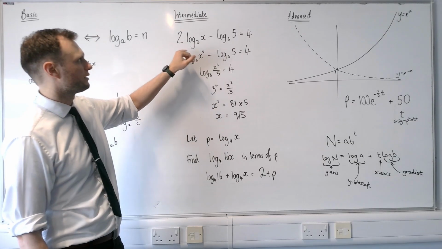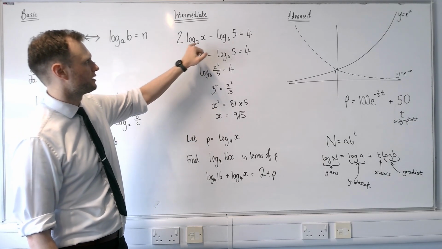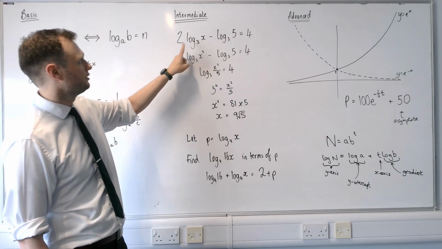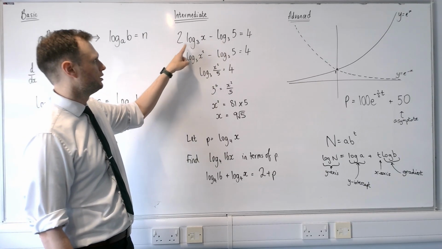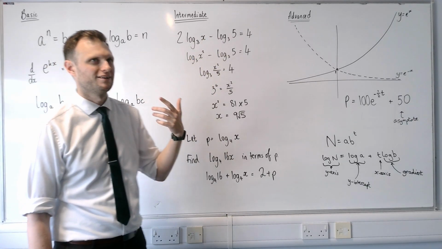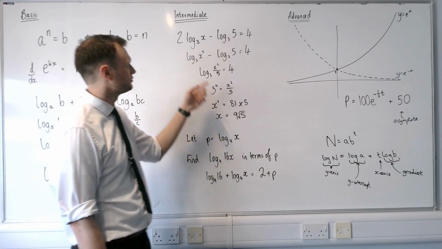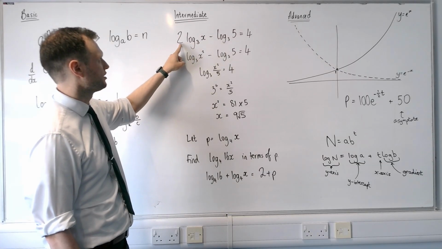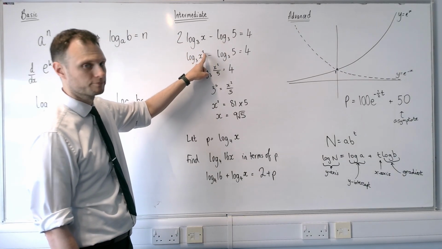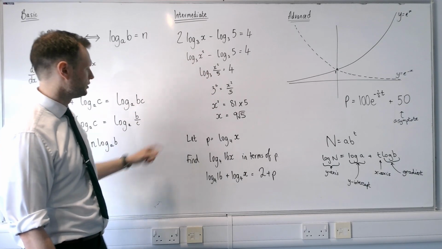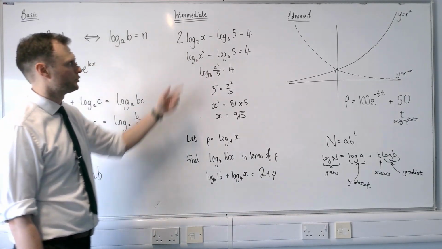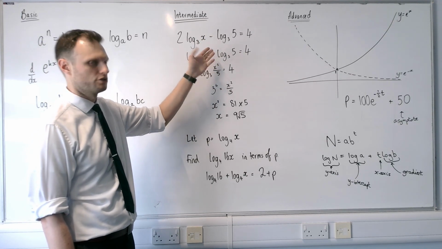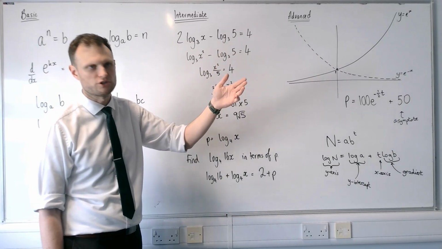So the way to do that, as I said before, if you've got subtraction here, you can only do that if these two have a coefficient of 1. Right, so the 2 in this is not a 1, not okay. So first thing you want to do is put the 2 as a power. So use the power law, this one down here, put the 2 as a power. Once you've got them both to have a coefficient of 1, then you can do the subtraction. It's called the division law.